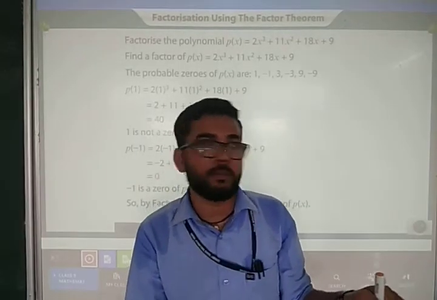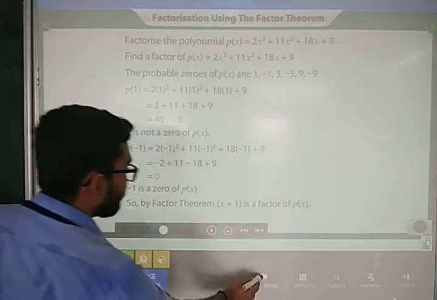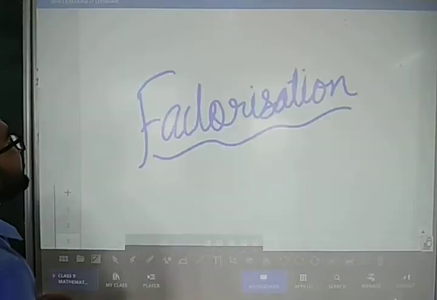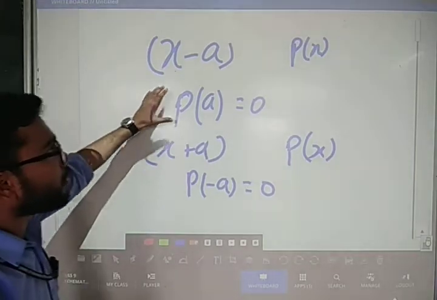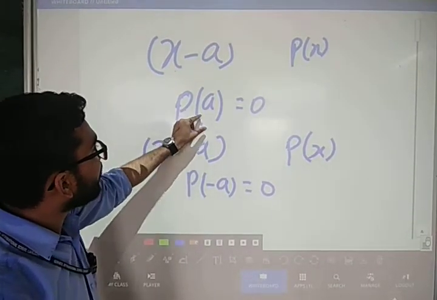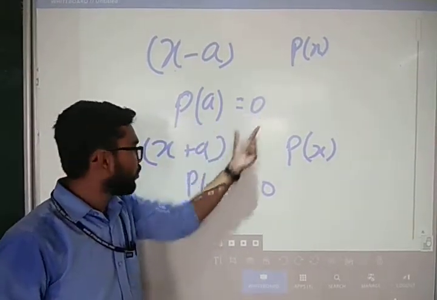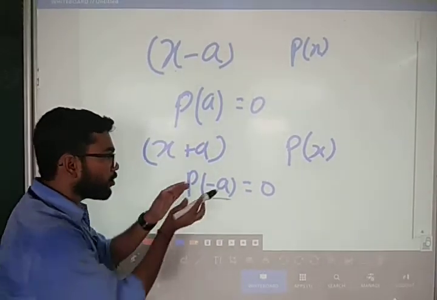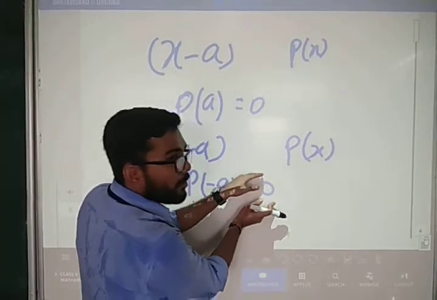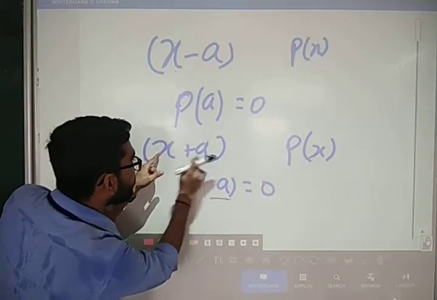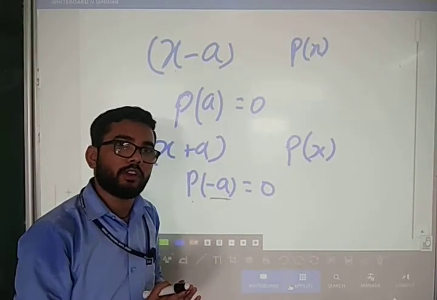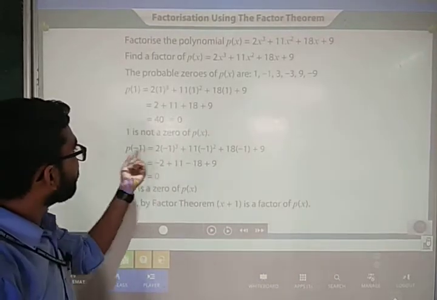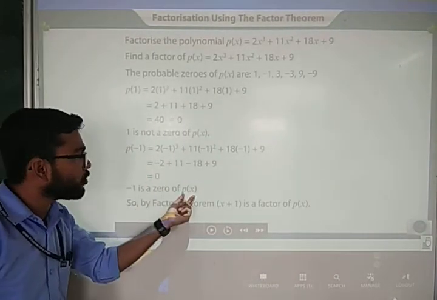According to the factor theorem, if you substitute minus a and the value is equal to 0, it means that x plus a is a factor of the polynomial. So here, if you put minus 1, that will be a zero of p(x).